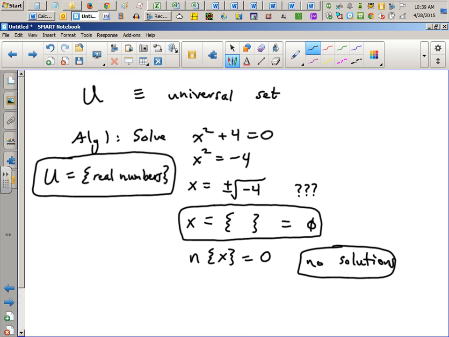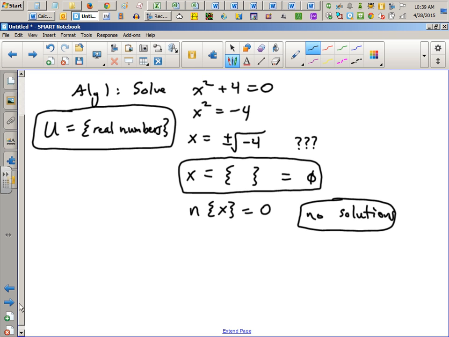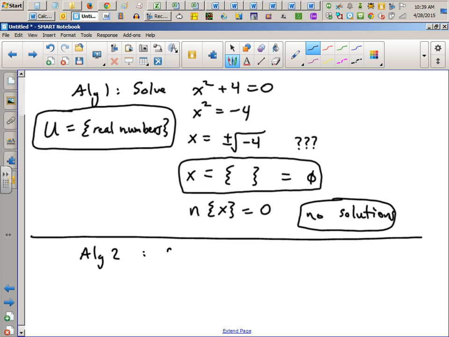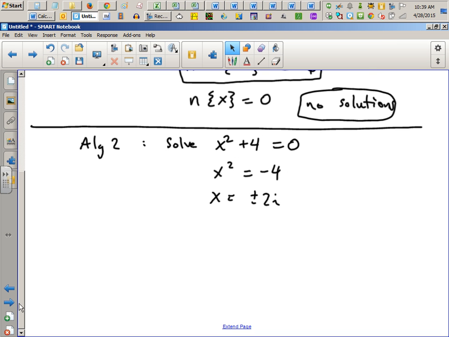It's too early. Right? But in Algebra 2, when you solve the same problem, and you're asked to solve x squared plus 4 equals 0, you would go x squared equals negative 4, x equals plus or minus 2i. Having learned what complex numbers mean, you felt like you were allowed to use them.